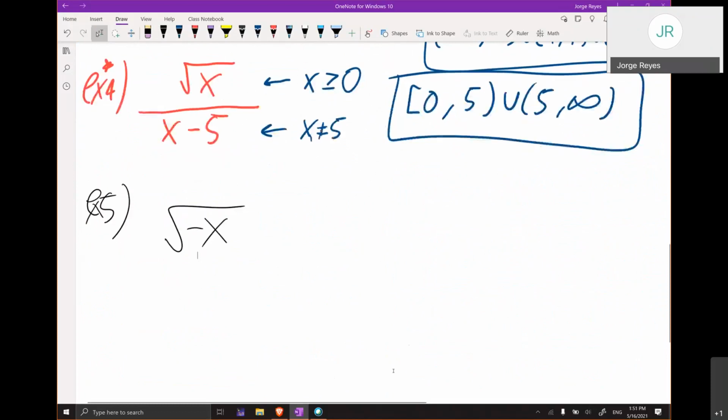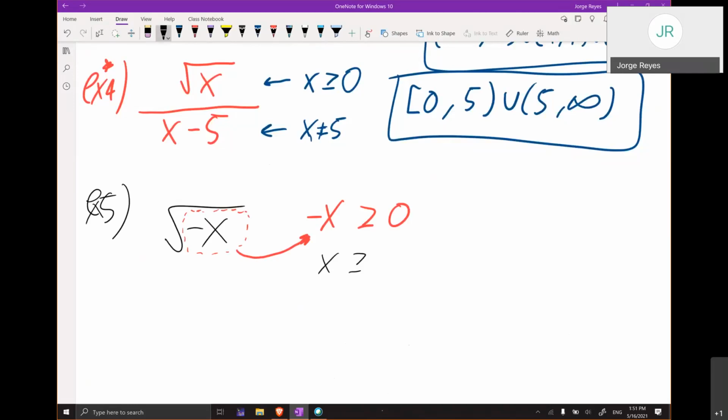You're going to take whatever's inside, the whole thing, so here negative x, and you're just going to put greater than or equal to 0. Whatever's inside goes on the left-hand side, greater than or equal to 0, and then you solve. Here it's easy.